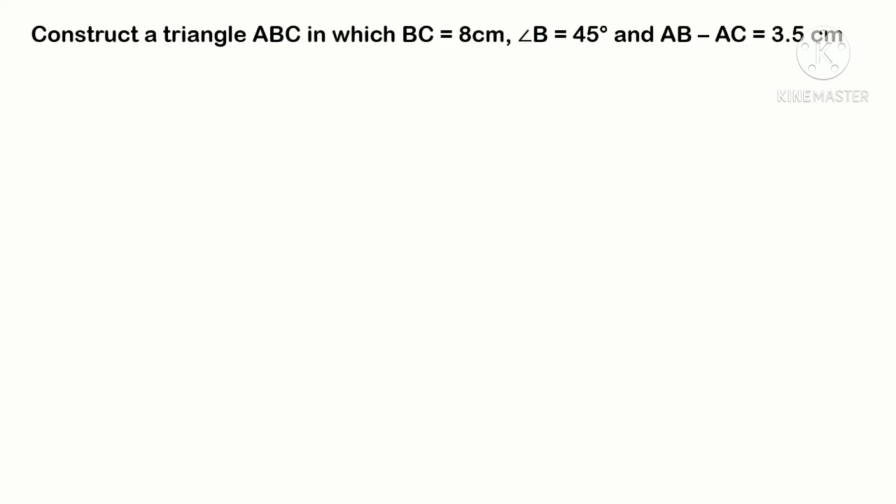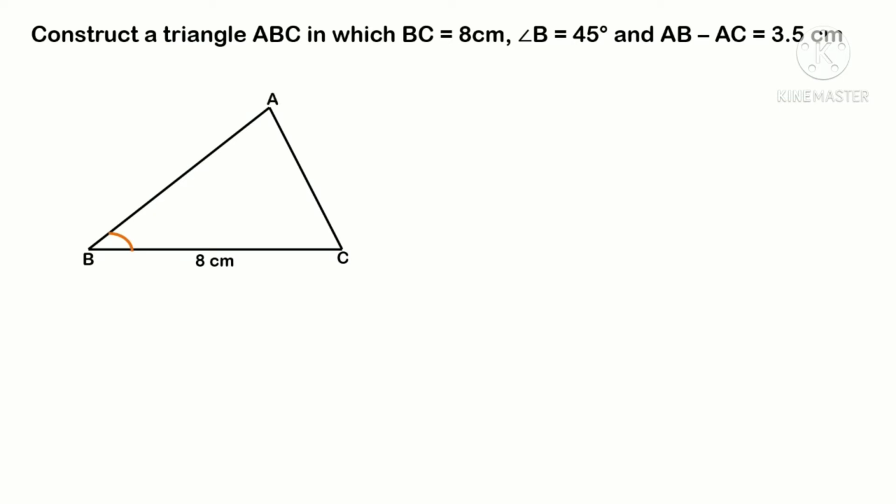So the question is, construct a triangle ABC in which base BC is 8 cm, angle B is 45 degrees and AB minus AC is 3.5 cm. First, as I said, draw a rough figure to get the idea whether the question belongs to the first case or the second case. So we draw a rough figure, BC 8 cm, angle B 45 degrees, and roughly complete a triangle.